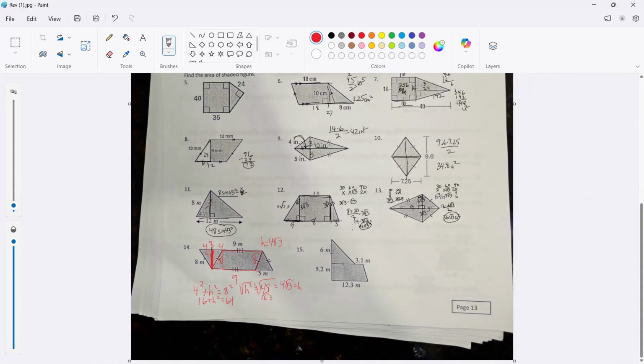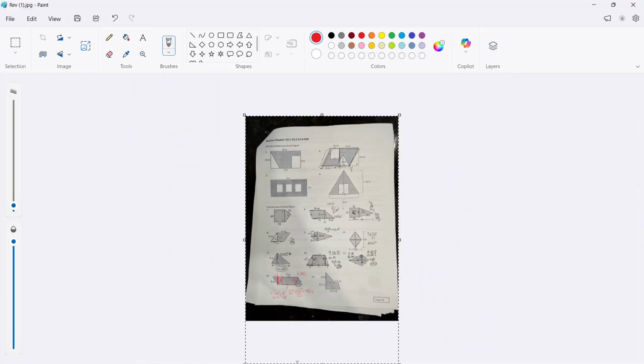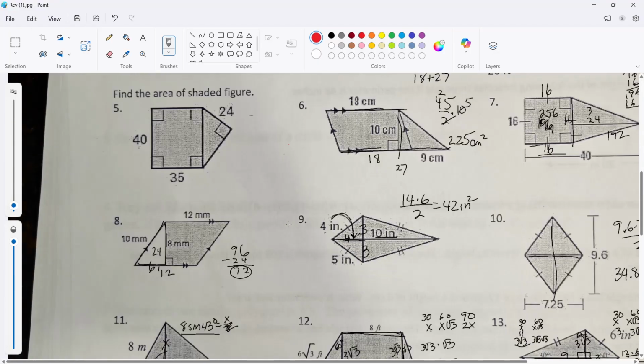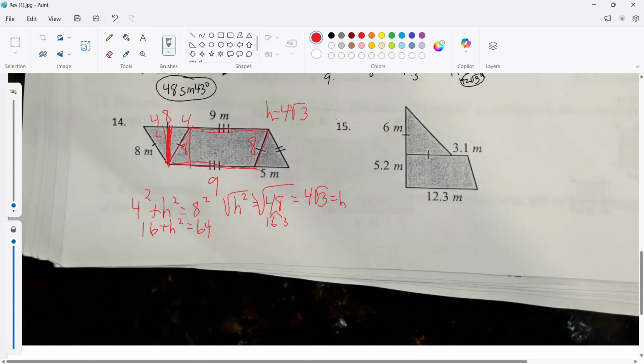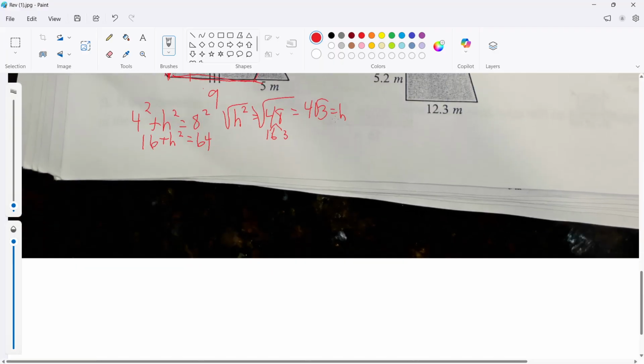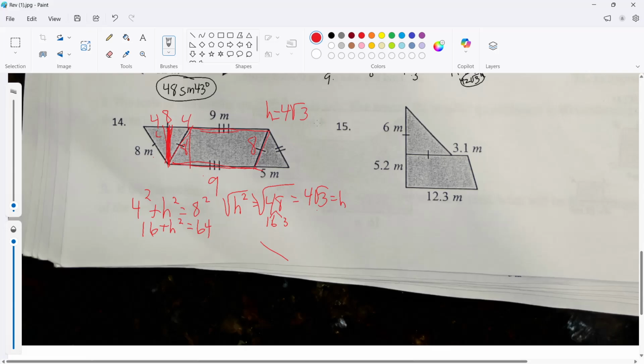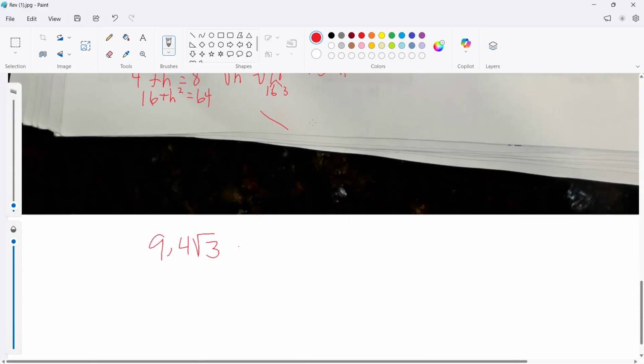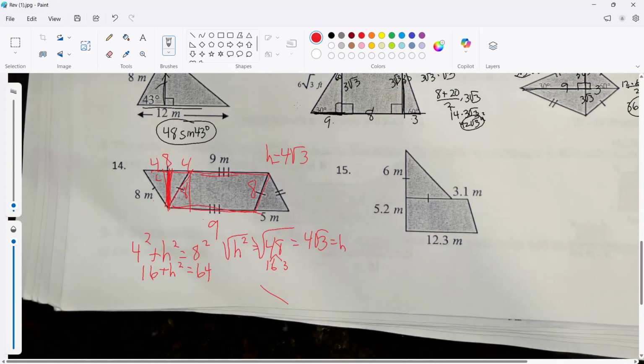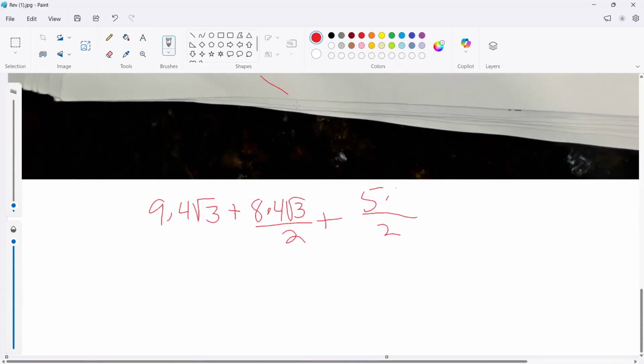I can find the area of both triangles and add them to the area of the parallelogram. Let's check out the parallelogram. The base is 9, and the area of a parallelogram is base times height, so 9 times 4 square root of 3. For the triangle on the left side, the base is 8, the height is 4 square root of 3, divided by 2, plus the triangle on the right side, the base is 5, 1/2 base times the height, which is the same as the height of everything, 4 square root of 3.